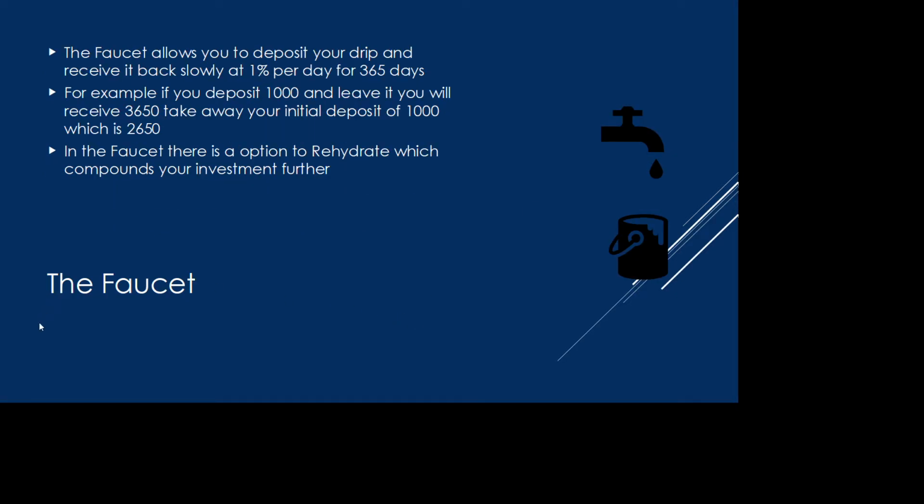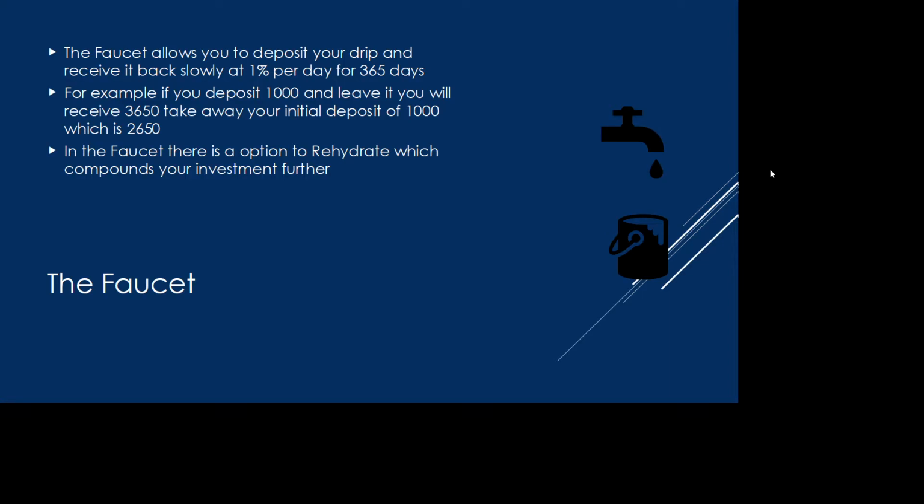So the faucet is basically a staking system where you put money inside this faucet, right? And then you get rewards daily which come out into the bucket, and this is your pooled collected money on the drip, right?